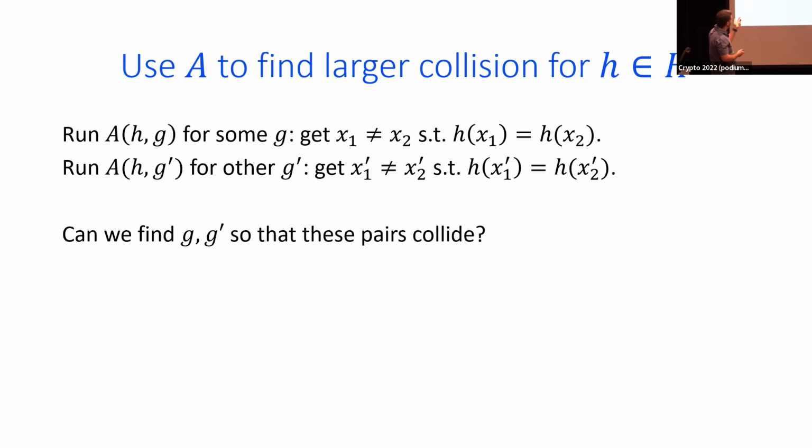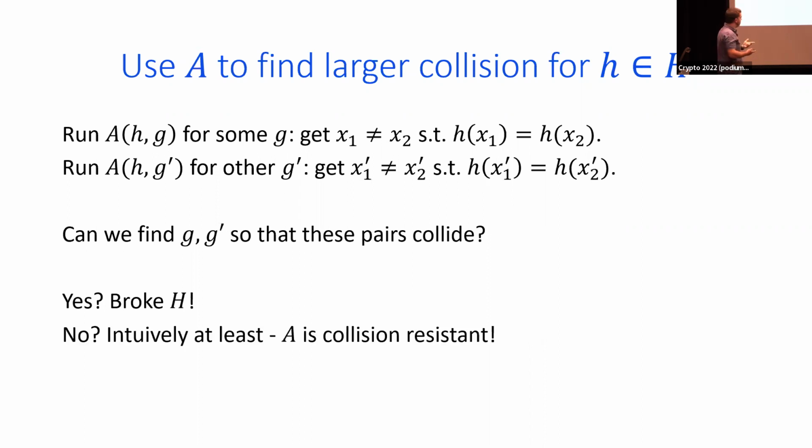So what we basically want is to find G and G prime so that these two pairs collide, basically that H of X1 is equal to H of X1 prime. If we are able to find such a pair, G and G prime, then we violated the security of H, intuitively. Which means that it should be hard to find such G and G prime. But that means we're saying that it's hard to find a pair of distinct inputs that form a collision. So that kind of indicates that A itself is collision resistant.